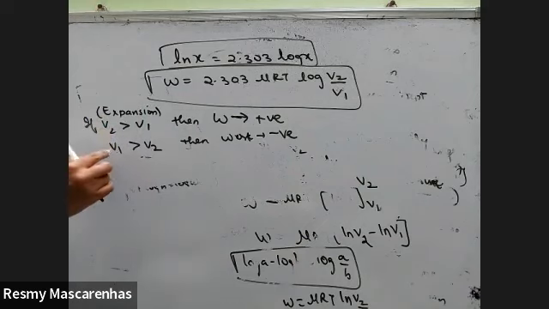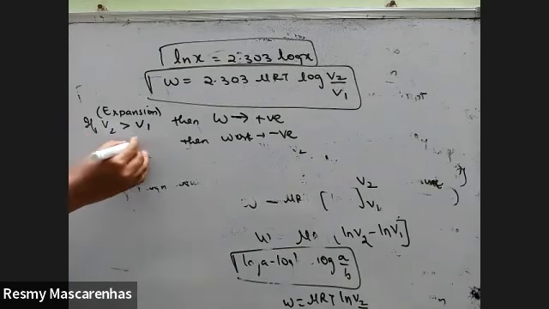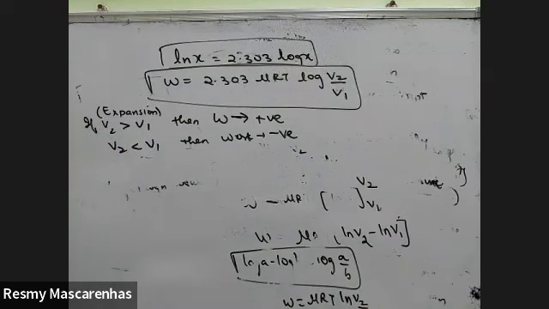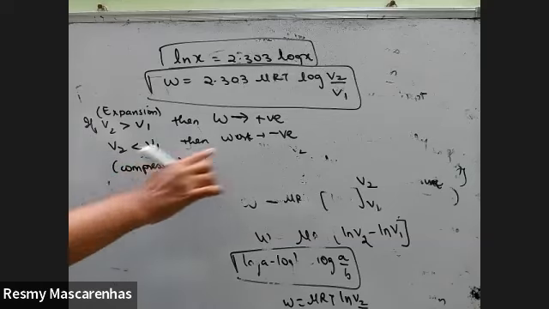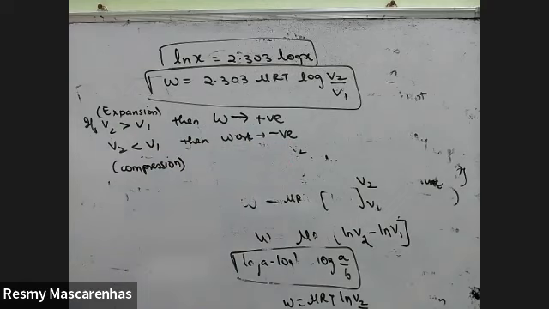Now the other case: V2 is less than V1. This is called compression. Final volume has reduced, that means it is compression, and then the work done is negative. So for expansion, work is positive, and for compression, it is negative.